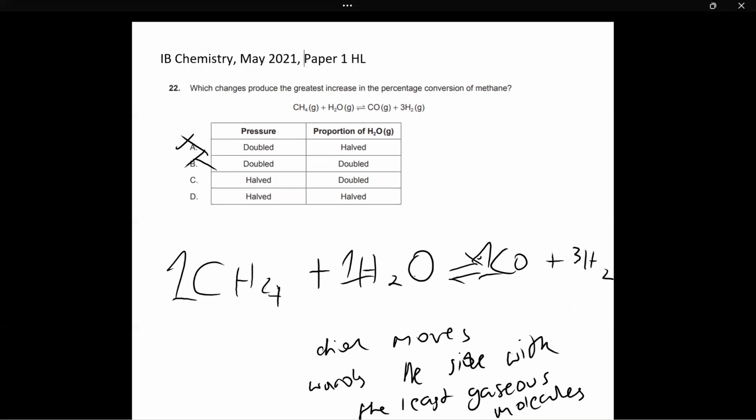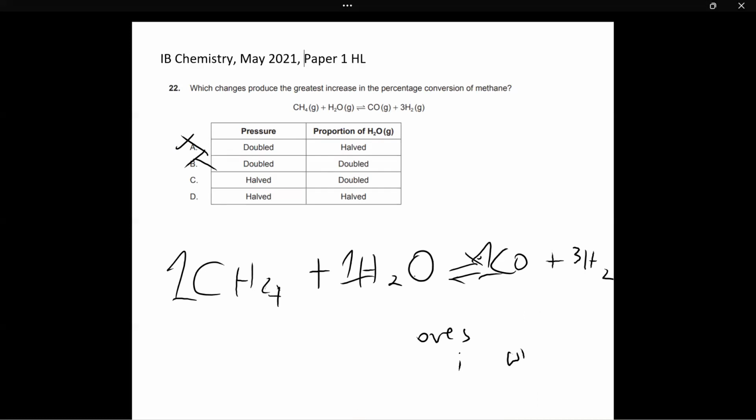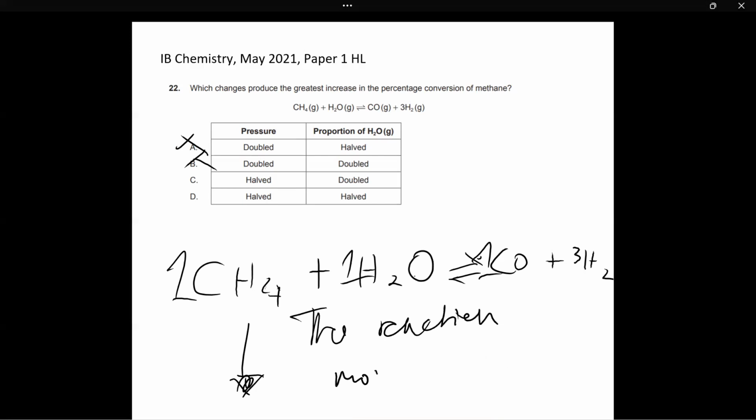Conversely, when you decrease pressure, or suppose when the pressure is halved, the reaction moves towards the side with more gaseous molecules.